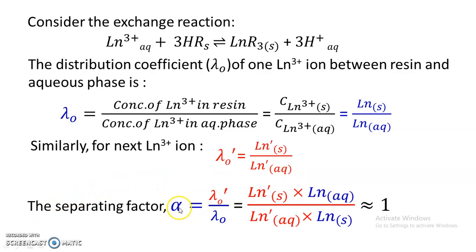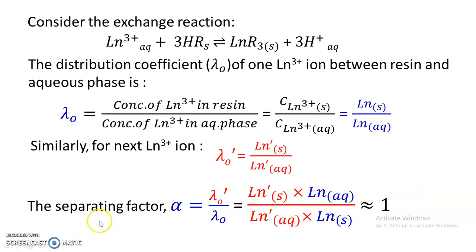But the separation factor alpha is the ratio of the distribution coefficients of two ions, that is lambda 0 dash upon lambda 0. Accordingly, we get the concentration of Ln dash solid into the concentration of Ln aqueous, upon the concentration of Ln dash aqueous into the concentration of Ln solid, and this is nearly equal to 1.